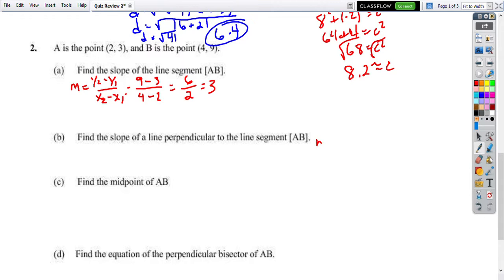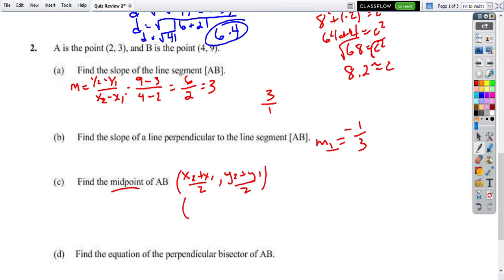So the perpendicular slope, right, take 3 over 1 as a fraction, flip it over, and then make it negative. All right, midpoint, remember, is the average, so we're going to add and divide by 2, so that's x2 plus x1 over 2, y2 plus y1 over 2, and then we plug in.